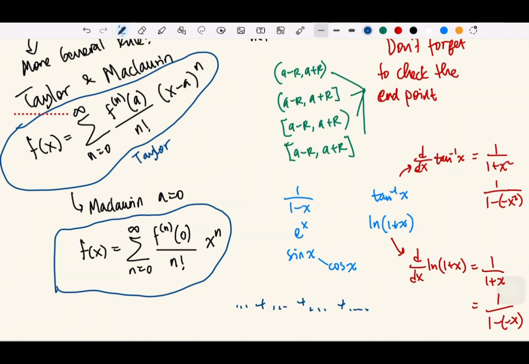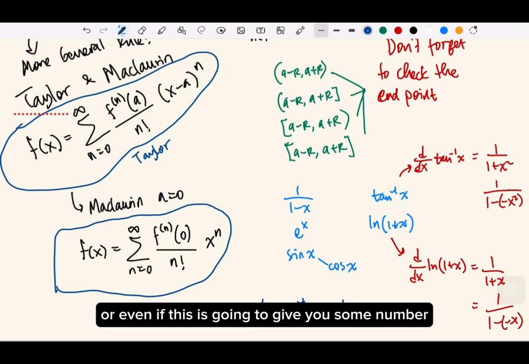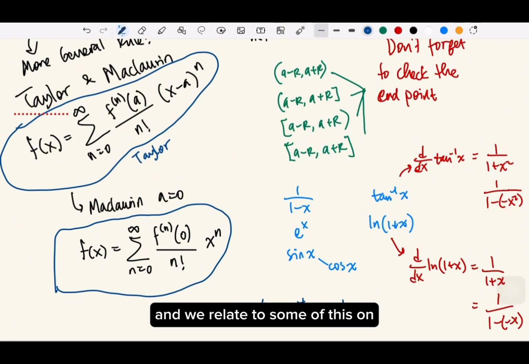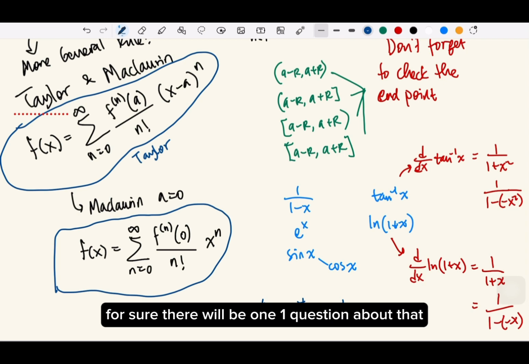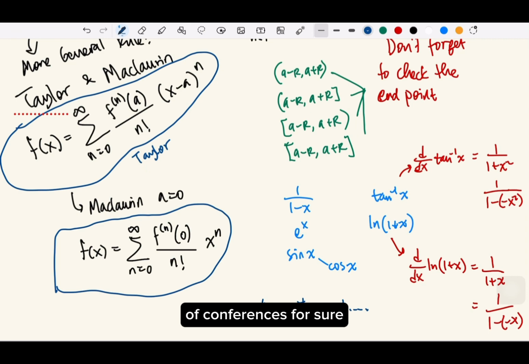Or even if this is going to be some number, you need to see what kind of number and what kind of function it has for every term. Can we relate it to some of these or not? For sure, there will be one question about that, and one question about radius or interval of convergence for sure.